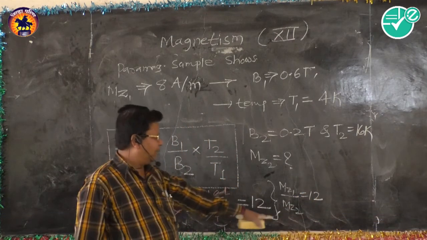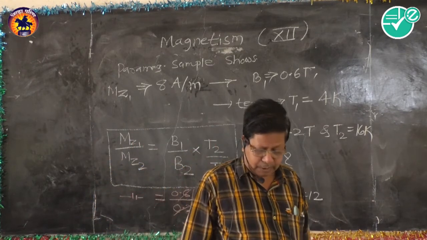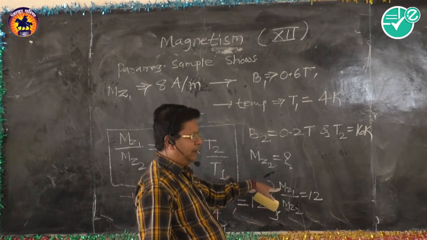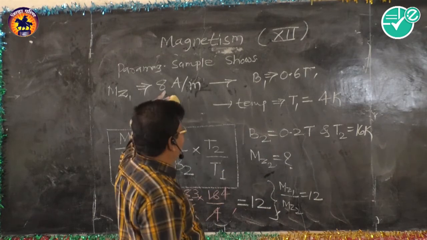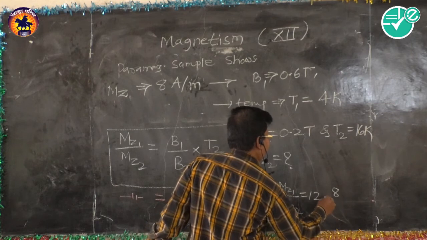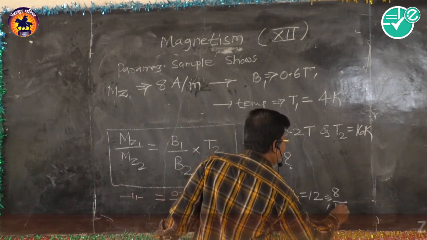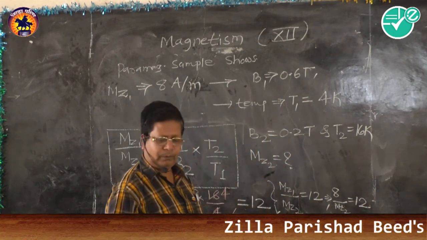And we have to calculate the value of Mz2. The value of Mz1 is given, which is 8. So the next step is 8 divided by Mz2 is equal to 12.